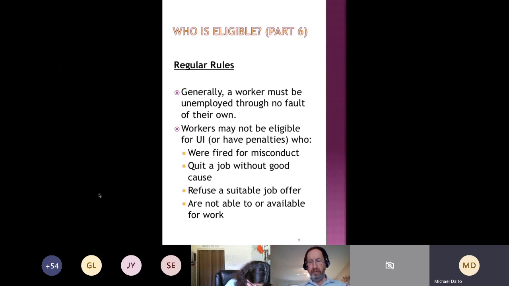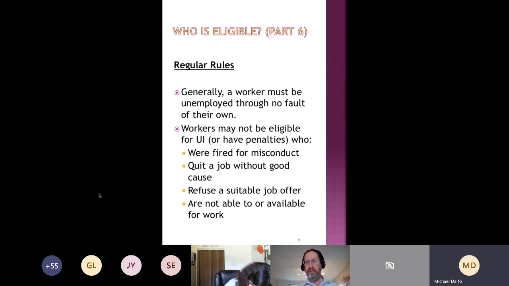You generally have to be unemployed through no fault of your own. Generally, you would not be eligible, or you would have penalties like a delay in when you would become eligible, if you were fired for misconduct. Misconduct generally has to be demonstrated, proven by the former employer.